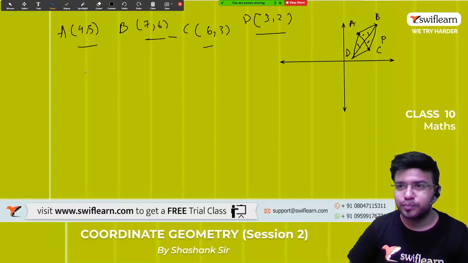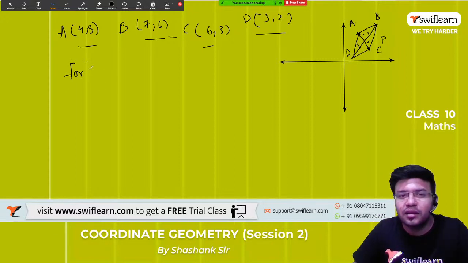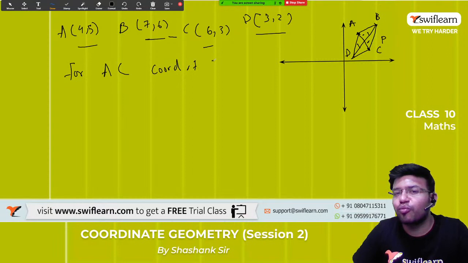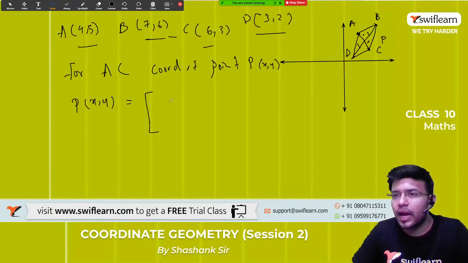So for line AC, the coordinates of point P (x, y) are given by ((x1 + x2)/2, (y1 + y2)/2). They divide in the same ratio. Bisects means same ratio.